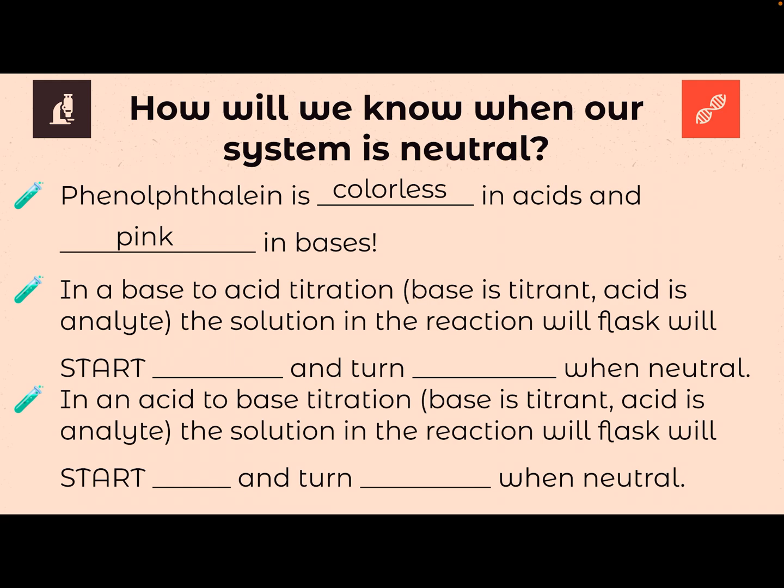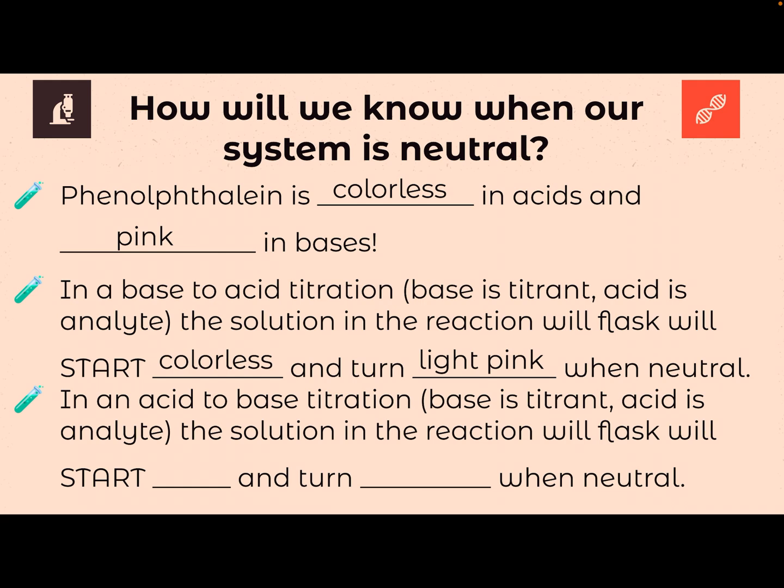So if the acid is our analyte and we put in some phenolphthalein indicator, that means our solution should start as colorless. Once we have neutralized all of it, it will turn very, very faintly light pink. We saw it be pretty fuchsia when we dropped it into a base. You'll know you've reached the end point of your titration when you see a light pink color, very faint, you do not want that fuchsia.